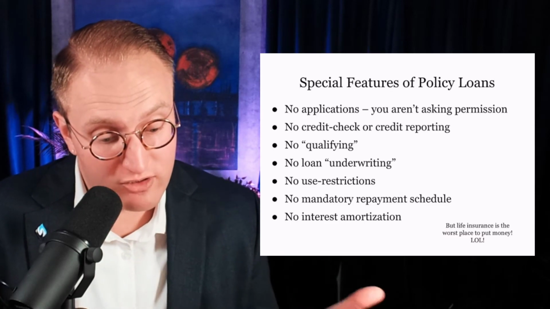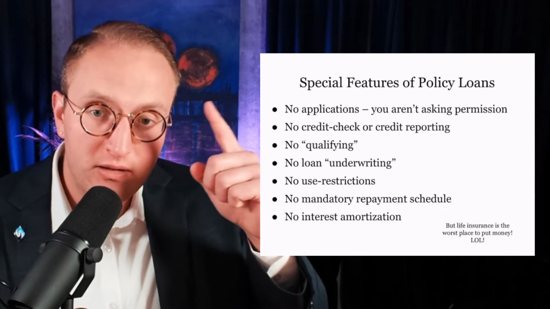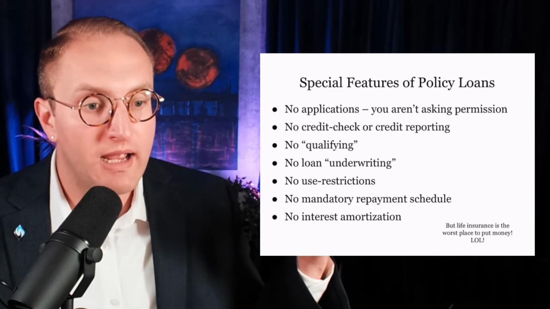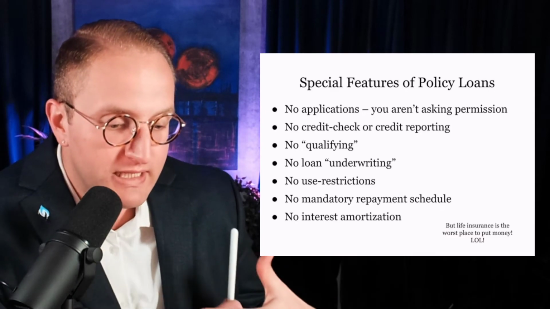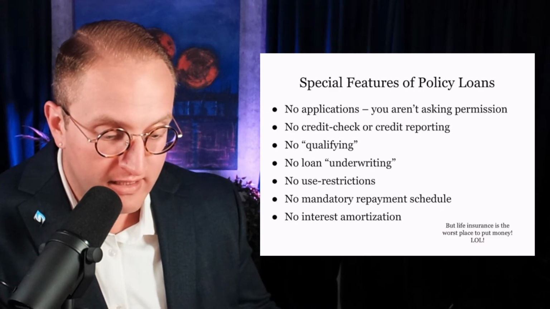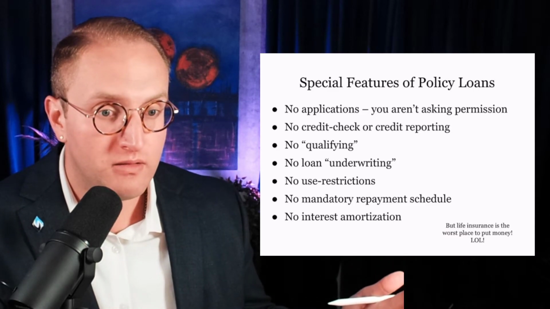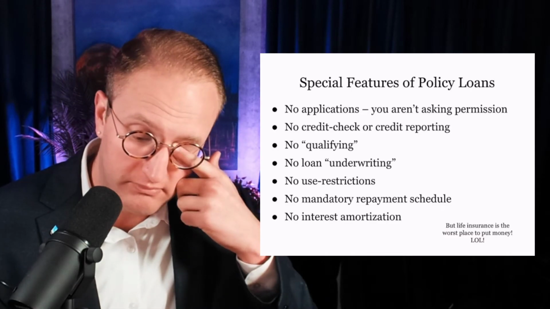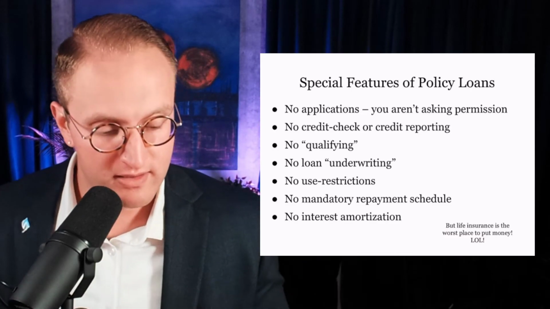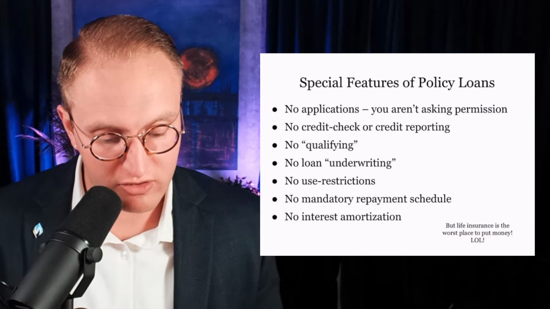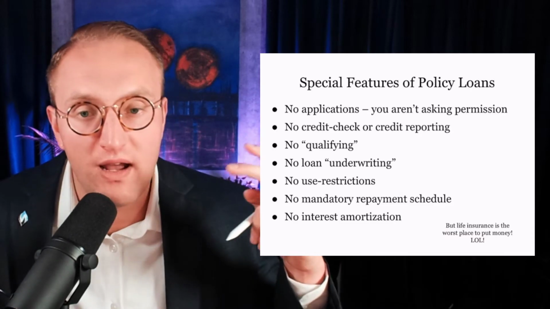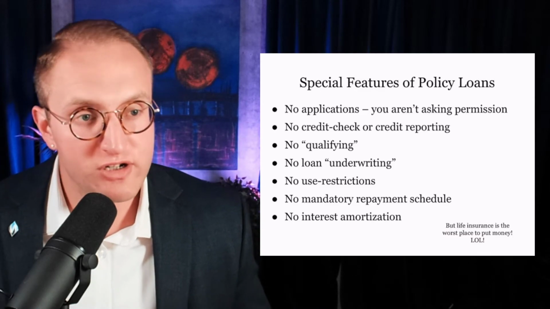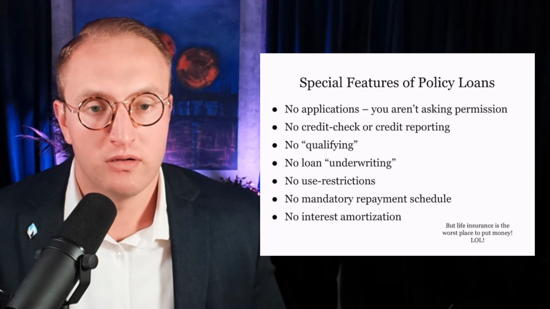Not that getting access to credit's a bad thing, but when the provision of credit is controlled by the most politically intertwined industry entity on the planet, is it a good thing to contribute to their business? I don't know. In the event, regardless, in policy loans, there's no credit check or credit reporting. There's no qualifying for a loan. There's no going through loan underwriting. There's no restrictions on what you can use the money for.